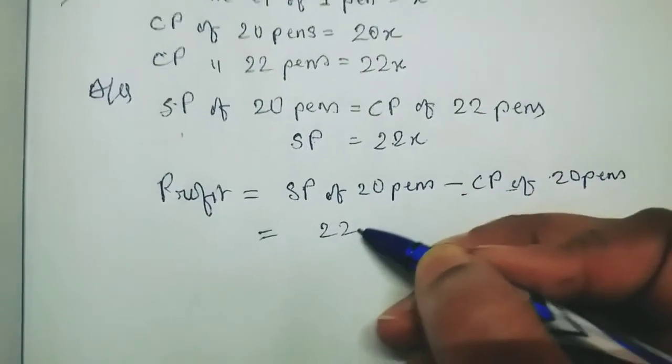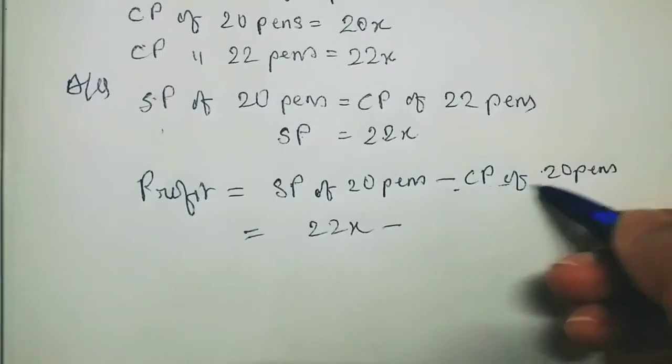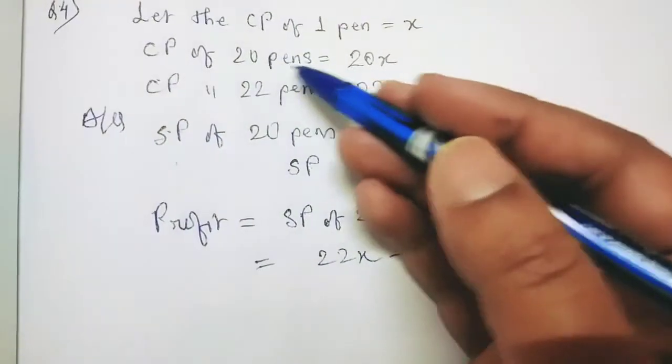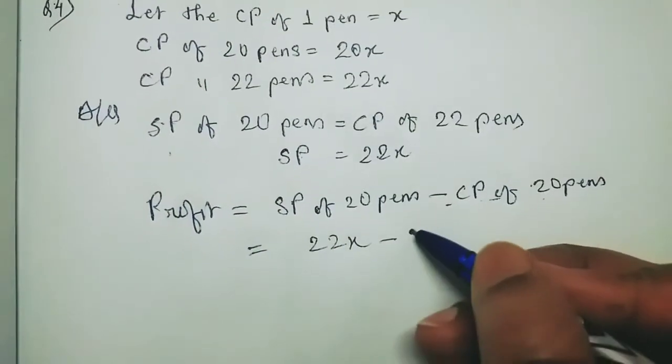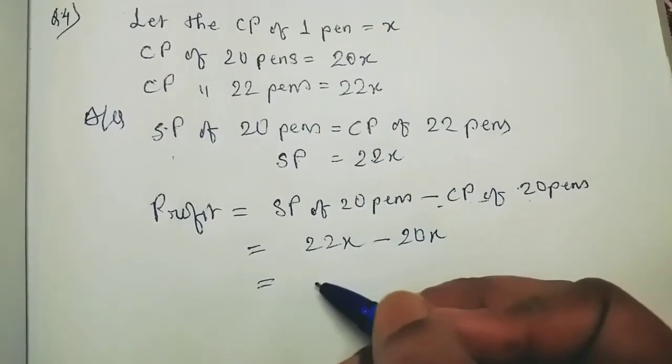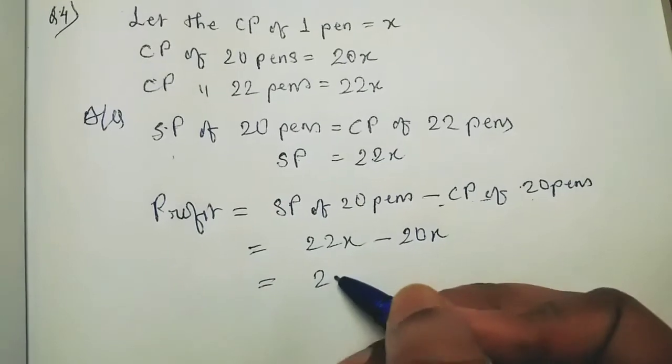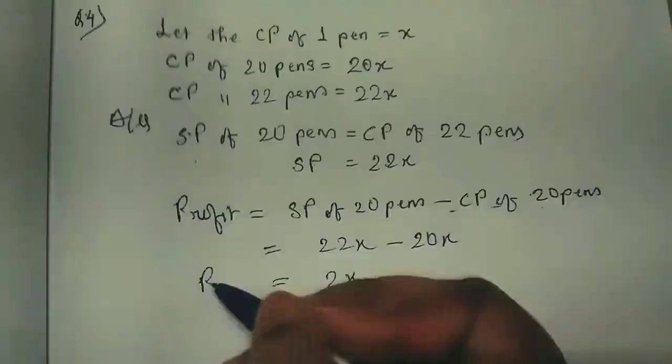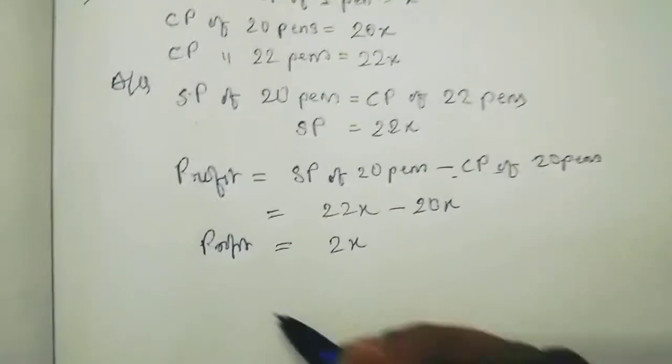So write 22X minus CP of 20 pens, which we have assumed is 20X. Now 22X minus 20X will be what? 2X. So our profit is 2X now.